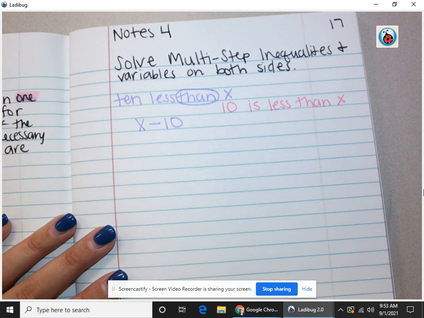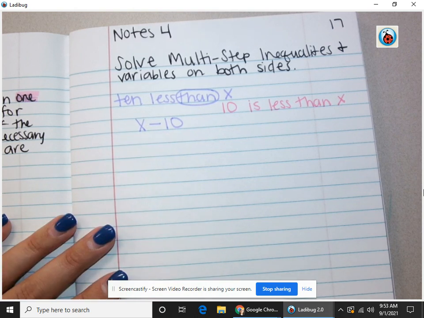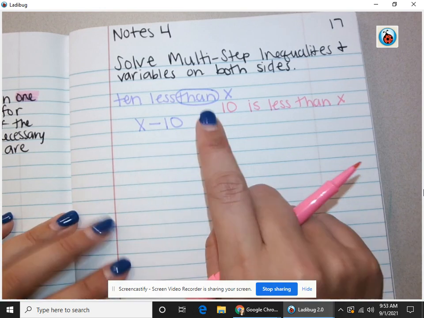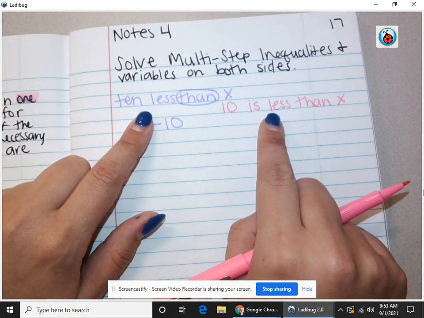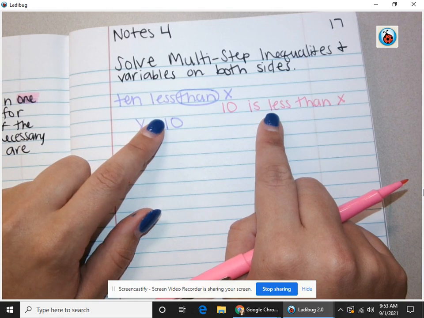Zachary? The equal sign changed into like a test. But I don't have an equal sign here. What changed from this sentence to this sentence? Emmanuel? So instead of the minus sign, we do the less than.